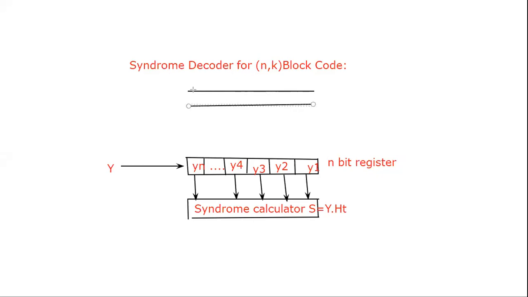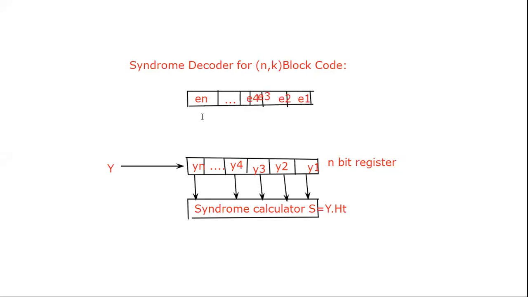Now I want to take the error bit register. Suppose this is En, E1, E2, E3, E4.